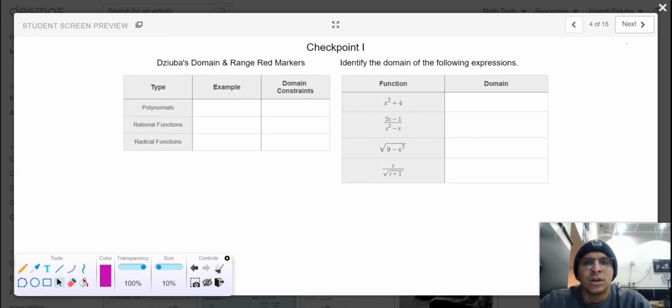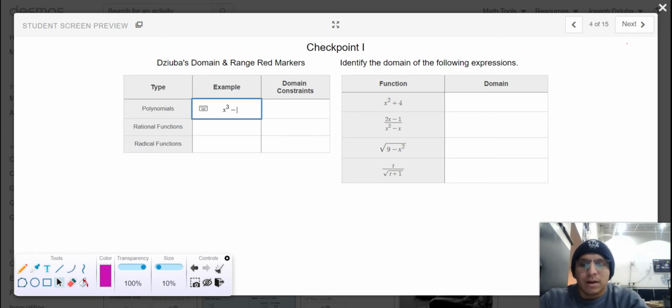Okay. First up, before we get to our checkpoint, my domain and range red markers. The example of a polynomial, we can use x to the third power minus 3x squared plus 4x. And some constraints on that domain is there are none.